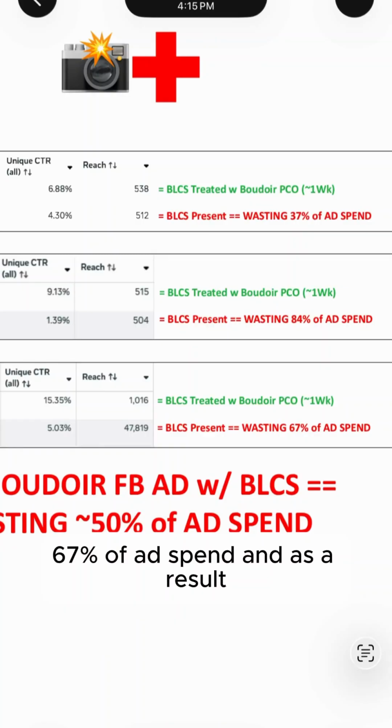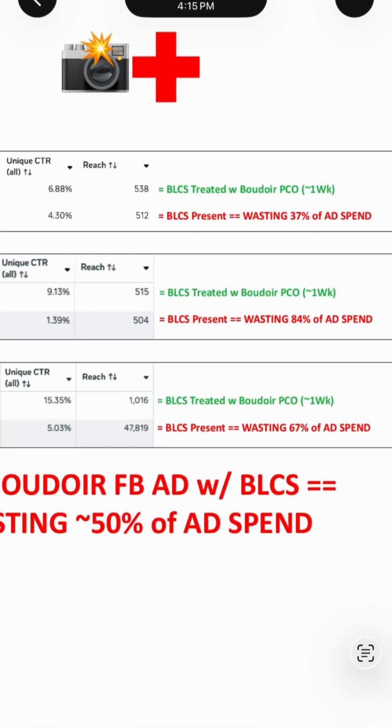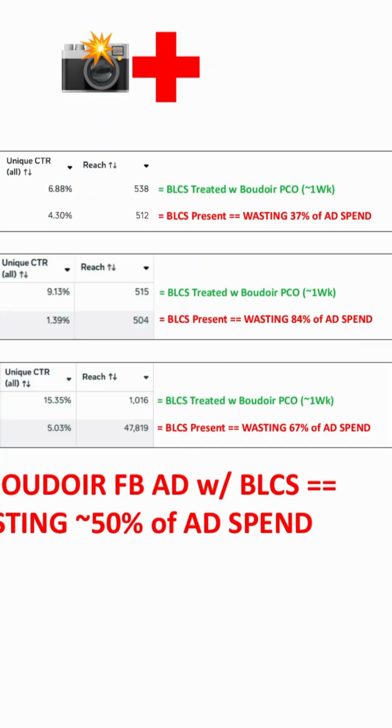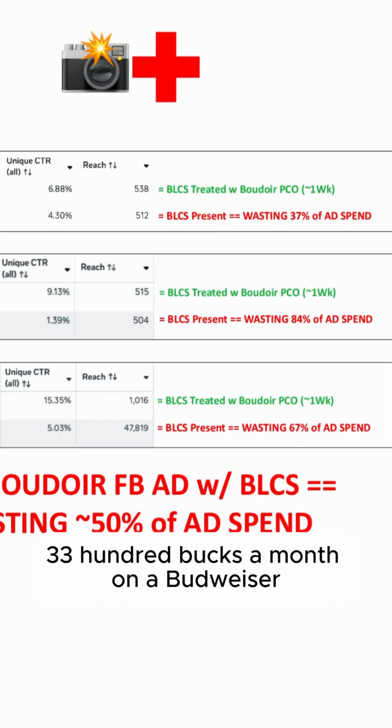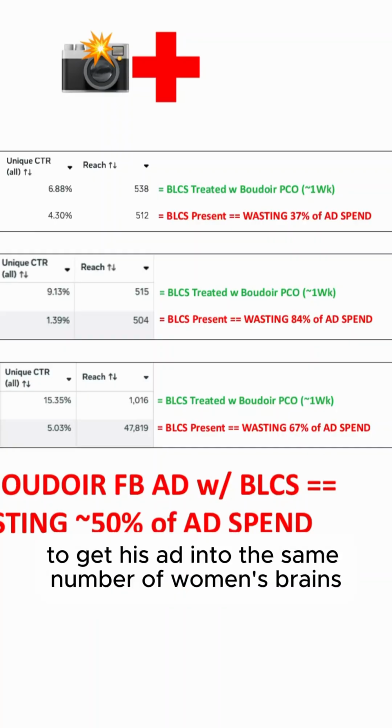And as a result, if he was spending 10 grand a month on the original Boudoir Facebook ad, now he only needs to spend 3,300 bucks a month on the Boudoir Pico treated ad to get his ad into the same number of women's brains.